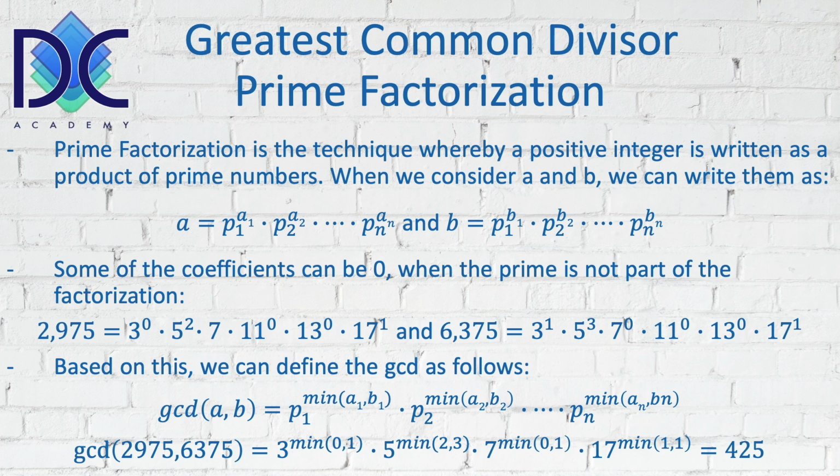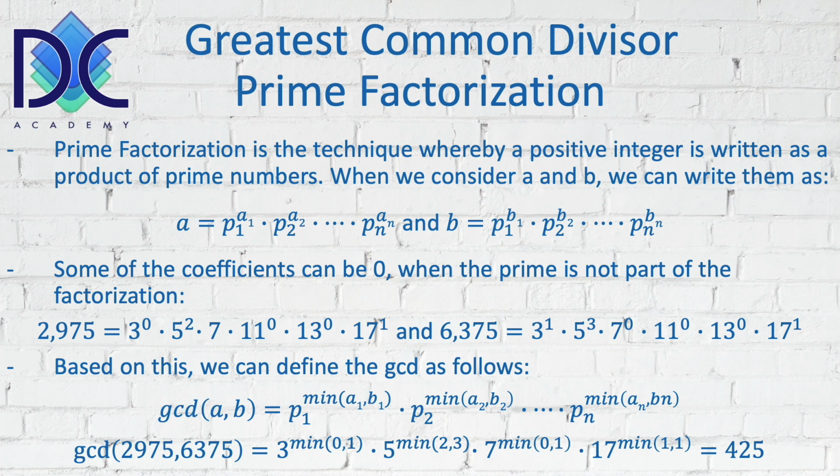So in 2975 we have 5 to the power 2, and in 6375 we have 5 to the power 3. We have the next one, which is 7. We take the minimum between 0 and 1, and then we take 17, and the minimum there is between 1 and 1. So I took out 11 and 13 because both of them are not part of the factoring of any of those numbers.